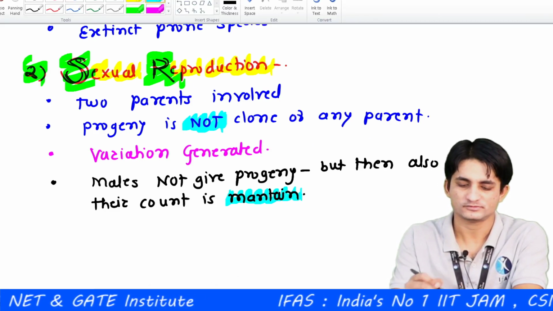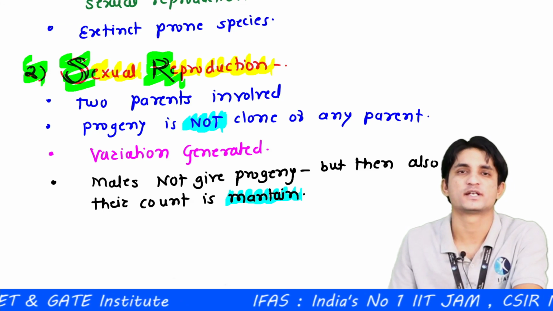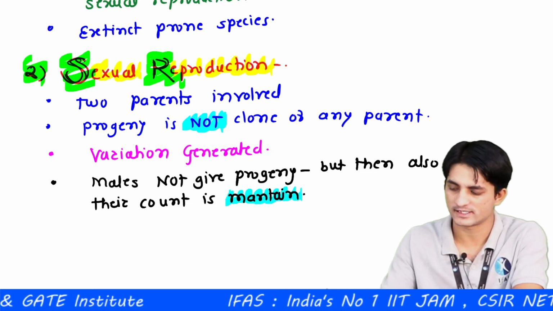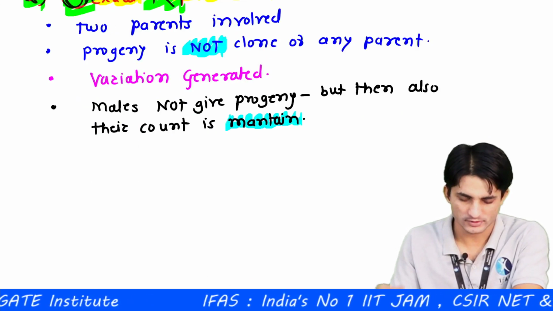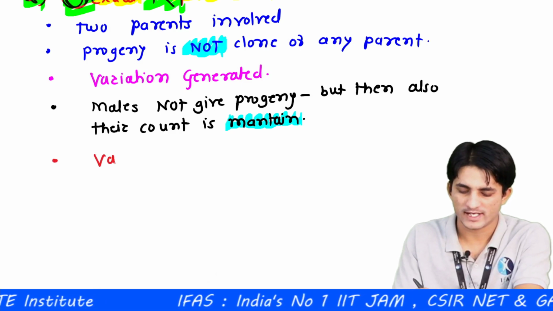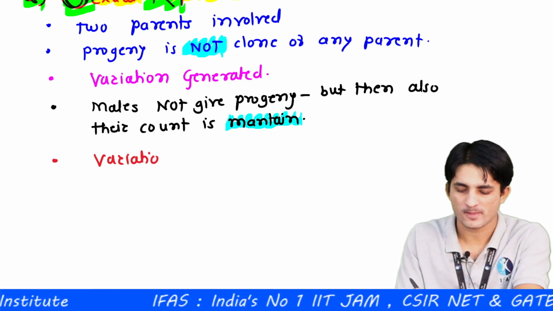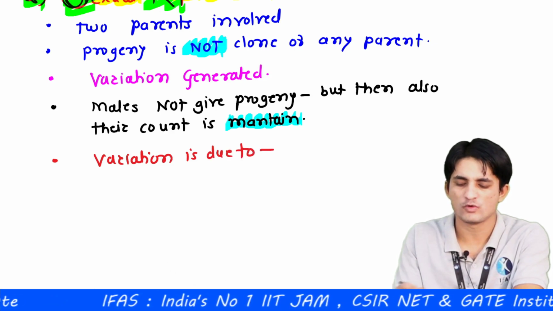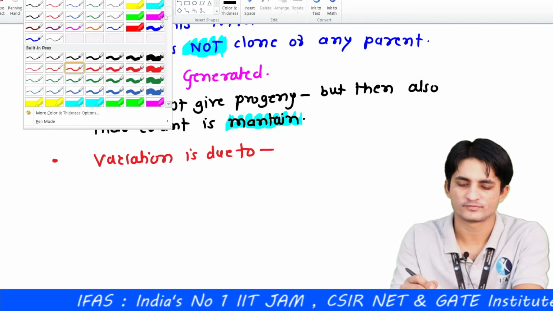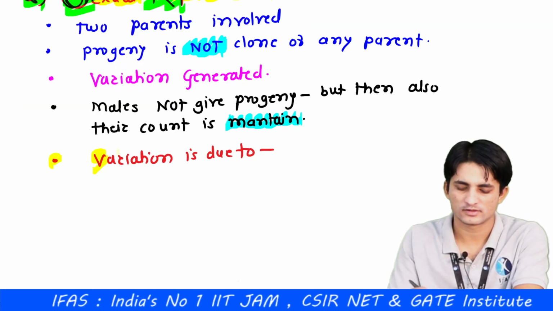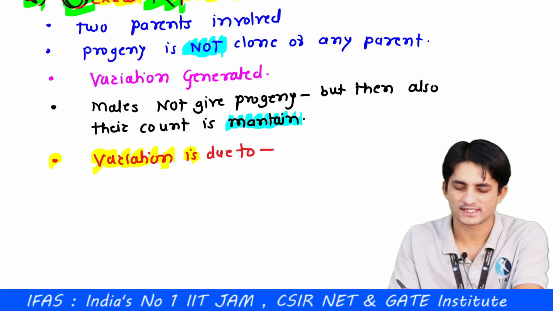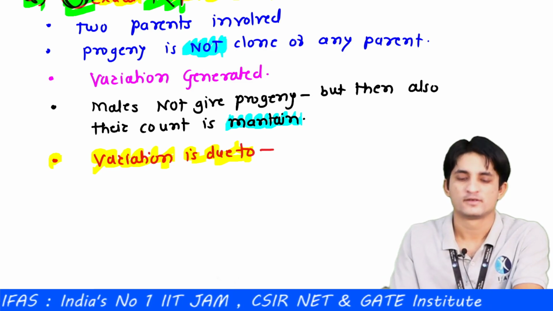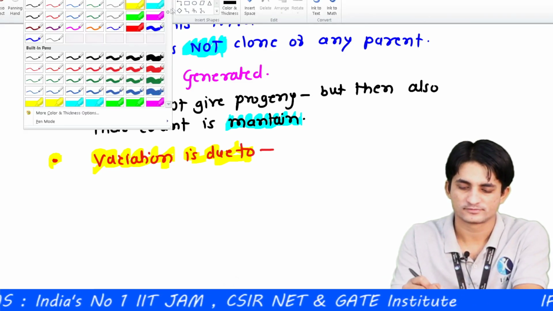So in sexual reproduction, now how is variation generated? It is due to meiosis.